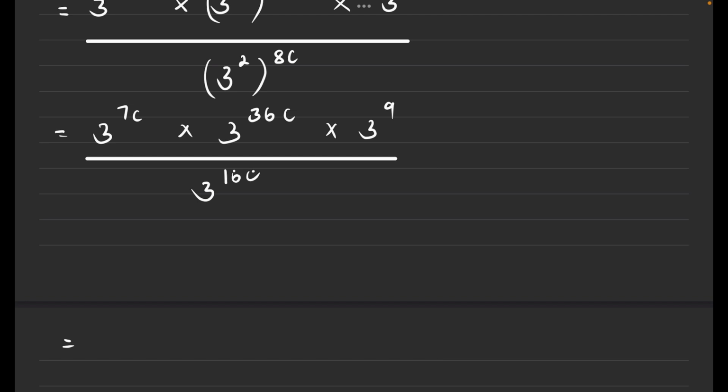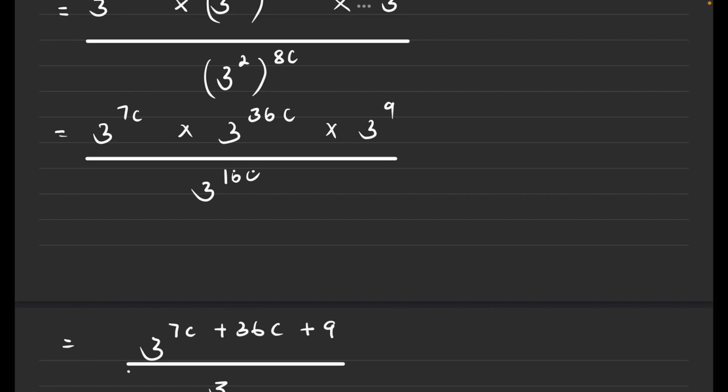And then now, on the numerator, I'm going to use the product rule. The bases are the same. So I'm going to write base 3, and then I'm going to add all of the exponents. So it's 7c plus 36c plus 9, right? All of this is divided by what?